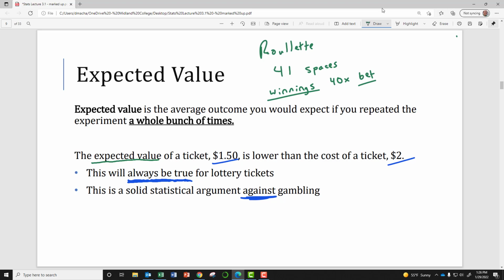But if you wanted to break even with expected value against your bet, you would need to win 41 times your bet instead of just 40 times. And so the one space that's more is what's giving the casino an edge on expected value above your bet. So anyways, anytime you play a game of chance, this is always going to be the case, where you have the expected value lower than what the buy-in costs.